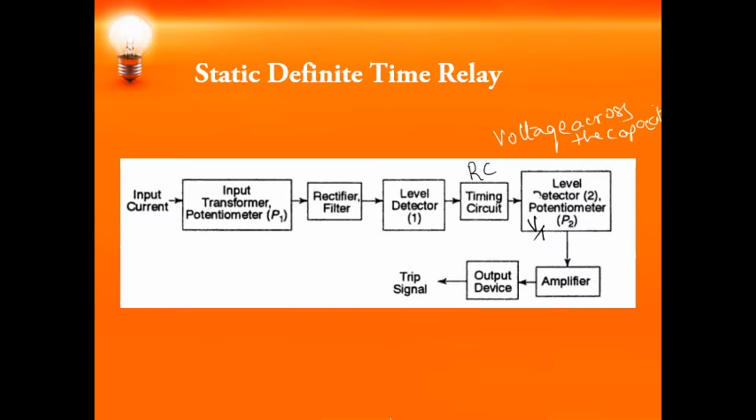The potentiometer at the transformer and the level detector 2, that is potentiometer 2, are used for setting the current as well as the time.